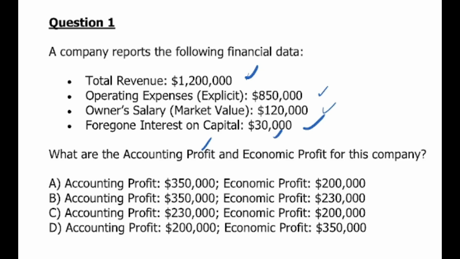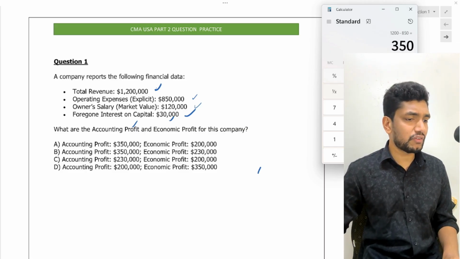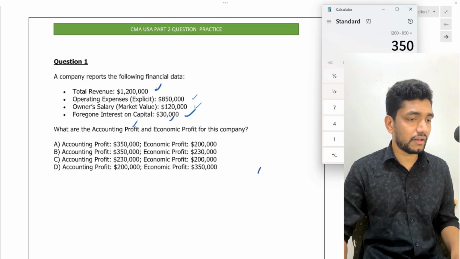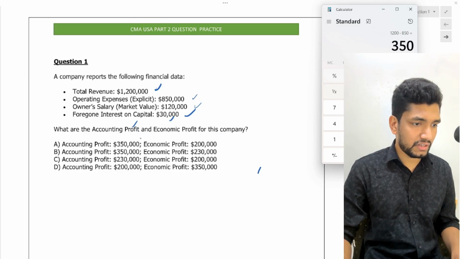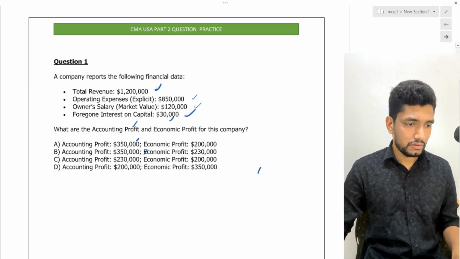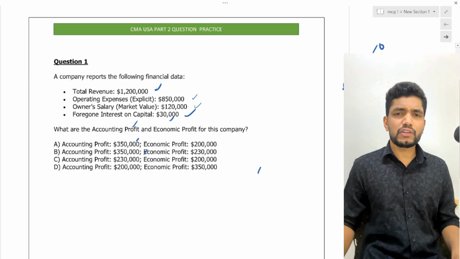So it is very clear: accounting profit is total revenue minus operating expenses, that is, explicit expenses. So the accounting profit is 350,000, which is already mentioned in the options, option A and option B. I'll write here accounting profit 350.